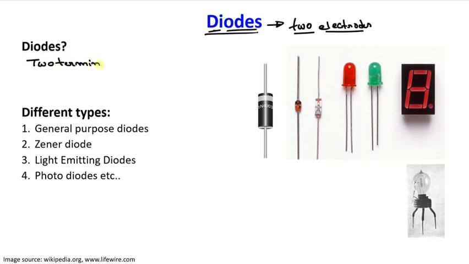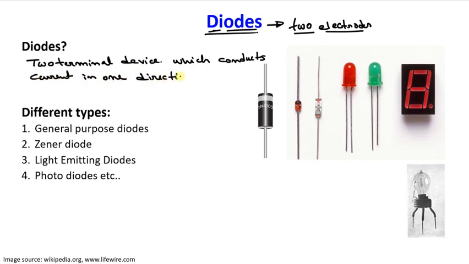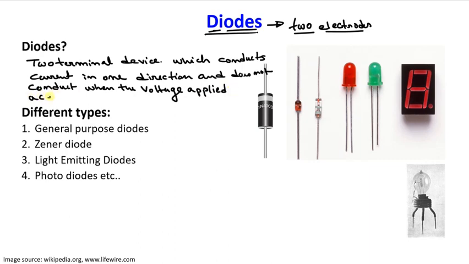So a diode is a two-terminal device or component which conducts current in one direction, right, and does not conduct or block the current when the voltage applied across the diode is reversed, isn't it?